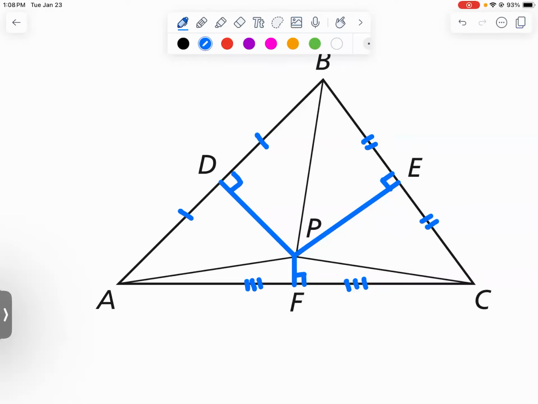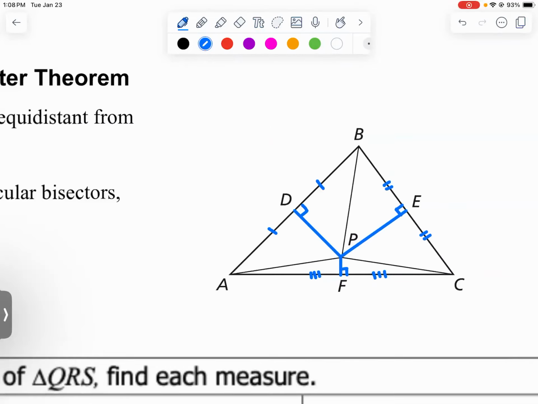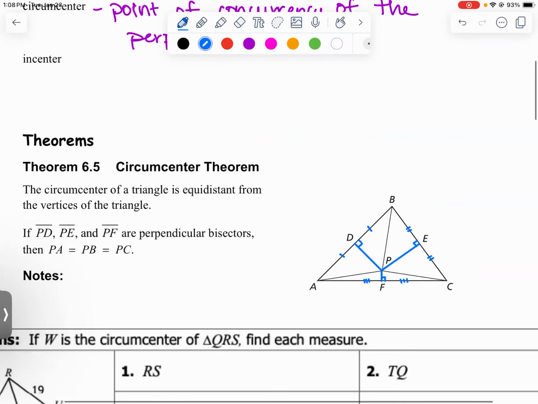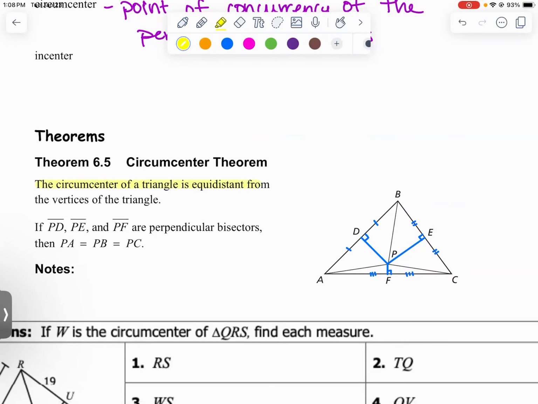Okay. Now, what this theorem is saying is that the circumcenter of the triangle is equidistant from the vertices. Okay. So what that means is this center P, where the 3 perpendicular bisectors meet, is equidistant from our vertices. What does equidistant mean? We talked about that yesterday. Equal distance.